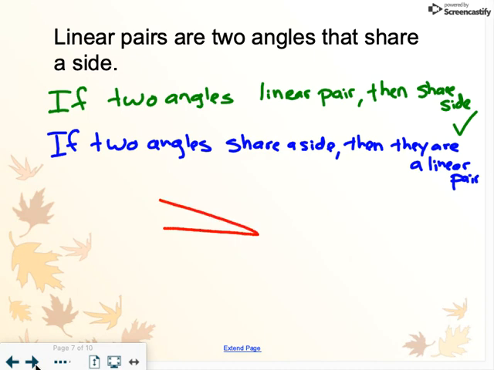I'll give an example. This is a counterexample. Notice I have angle ABC. It shares a side with angle CBD, but together they are not a linear pair. Together they are not a pair of angles that make a line. So that'd be no good.